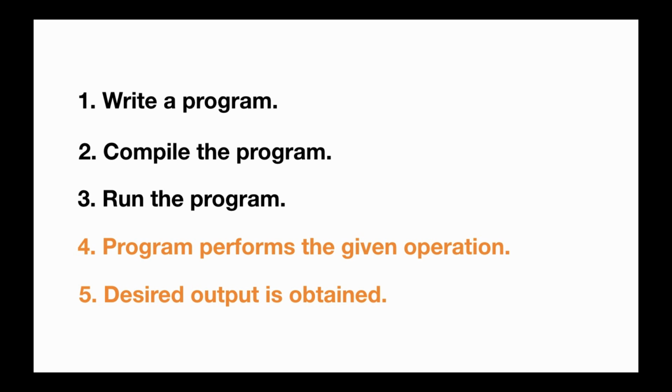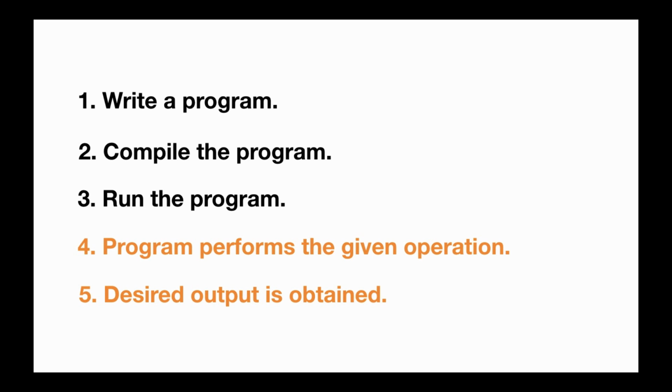Any programming language performs the given operation written in the code, and once that code is executed, the computer gives you the desired output. These two steps are the same for every programming language, and they are the output steps, which means we get what we need from the computers.